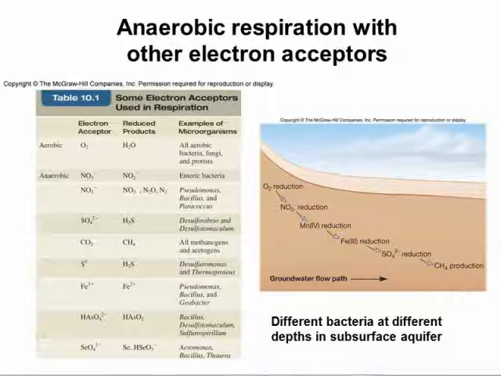So all of these inorganic compounds can be used as electron acceptors in the absence of oxygen to perform anaerobic respiration. So in underground aquifers, if there is organic carbon, the bacteria that are present will grow by anaerobic respiration. First, they'll use up all the oxygen, then all the nitrate, then all the manganese, then all the iron, then all the sulfate. So the best electron acceptors will be used up first.